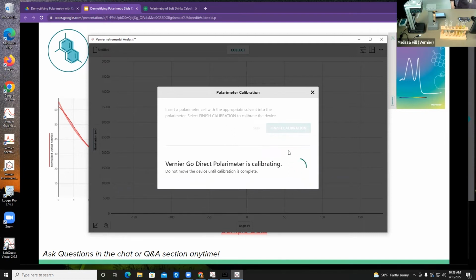And I will have to say, I really love the Go Direct Polarimeter over the older style manual polarimeter we offer for kinetics for a very, very important reason. The Go Direct Polarimeter will do kinetics automatically. It has that motor in it, it knows what time it is, and it has a timestamp associated with it.